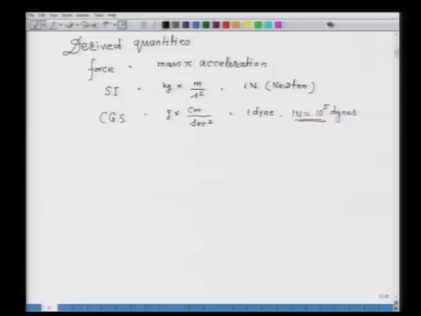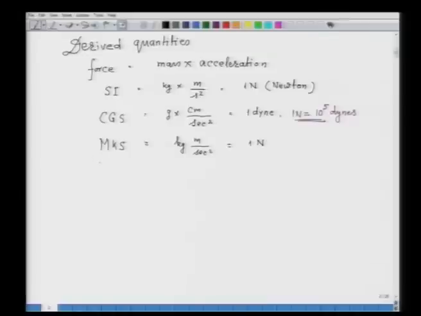So, that is in CGS system. Similarly, in MKS system, this is kilogram meter per second square. Now, in most cases SI and MKS units are more or less the same, that is equal to 1 Newton.